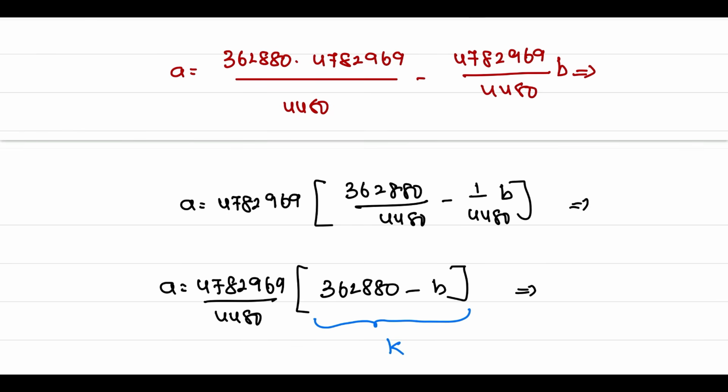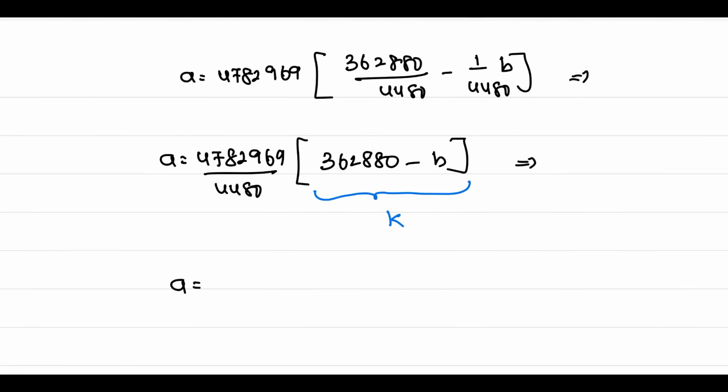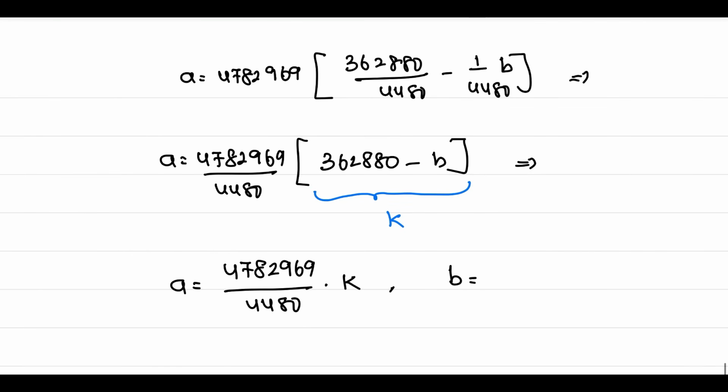Then it implies A is equal to 4782969 divided by 4480 into K, whereas B is equal to, try to find it as homework.